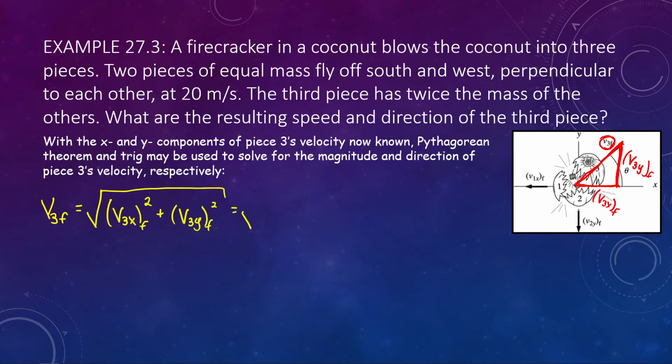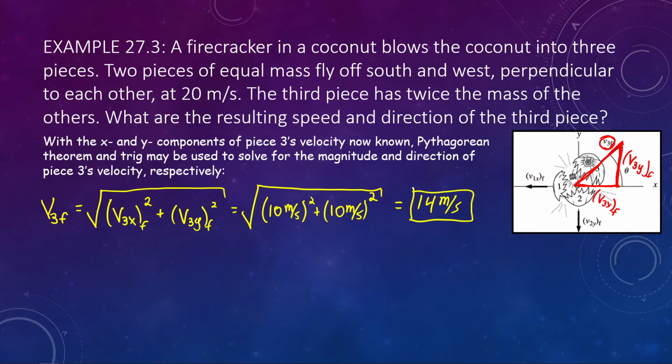So if we plug this in, we have the square root of 10 meters per second squared plus the other one, which is also 10 meters per second squared. So what is that, the square root of 200? So that would give you approximately 14 meters per second. There's the first part of our answer.